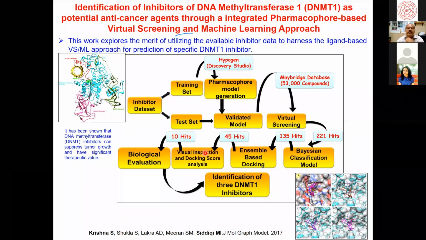So starting from around 50,000 molecules, she was able to get good inhibitors which have shown good activity in biological assays against this particular protein target, and three DNMT inhibitors were identified.